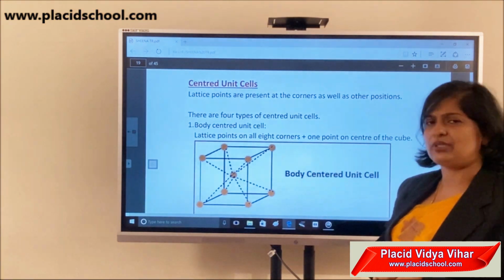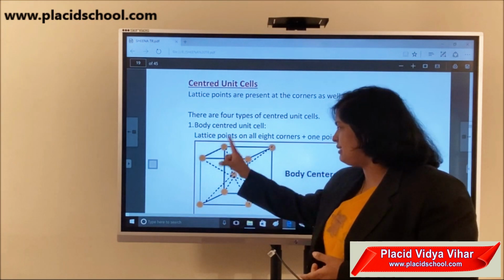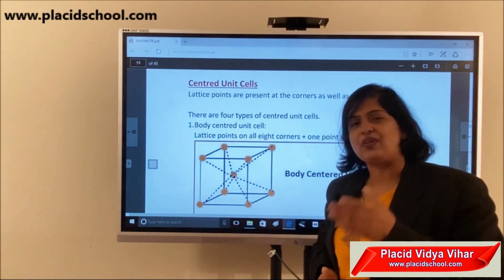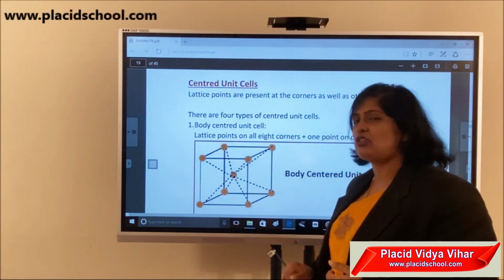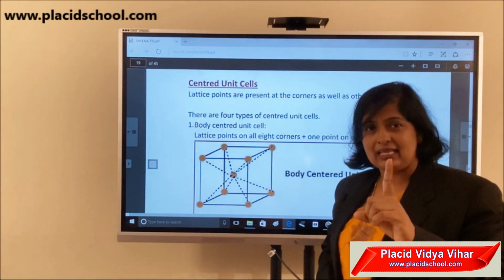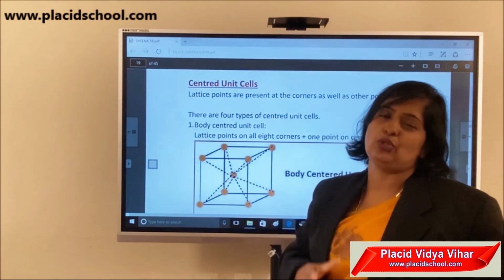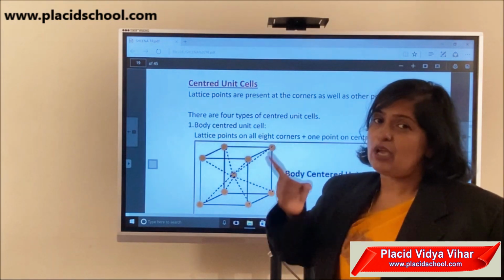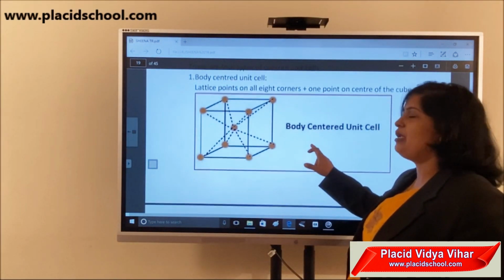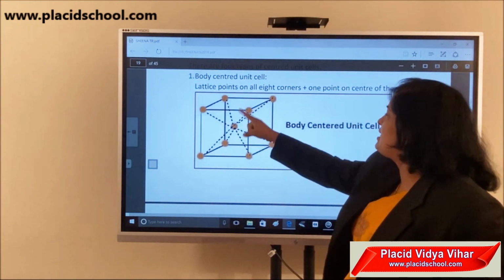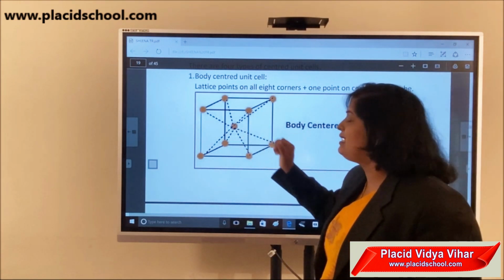In these types of unit cells, particles are present at the corners. This is a cube, so a cube has 8 corners. Particles are present at the 8 corners of a cube, plus one particle is seen at the center of the unit cell, hence we name it body-centered unit cell. So in body-centered unit cell, particles are present at the 8 corners plus one particle is seen at the center.